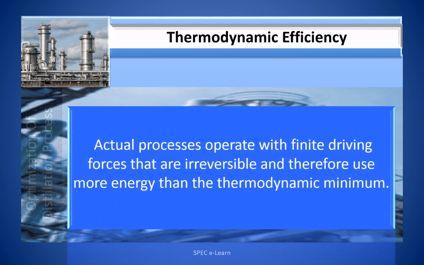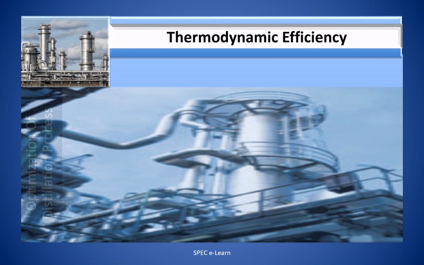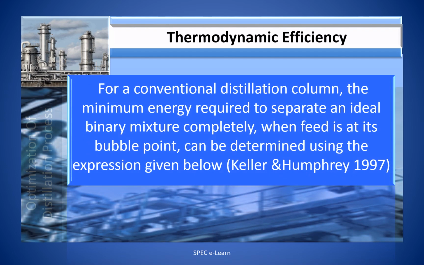Actual processes operate with finite driving forces that are irreversible and therefore use more energy than the thermodynamic minimum. For a conventional distillation column, the minimum energy required to separate an ideal binary mixture completely when the feed is at its bubble point can be determined using the expression developed by Keller and Humphrey.